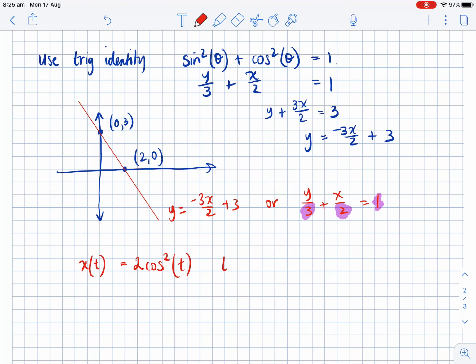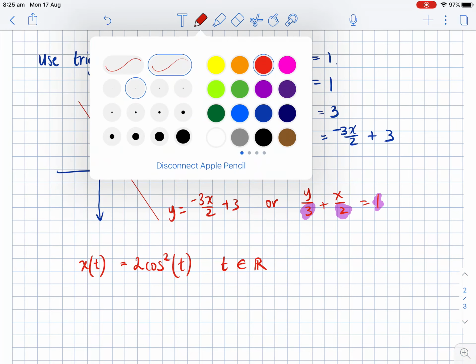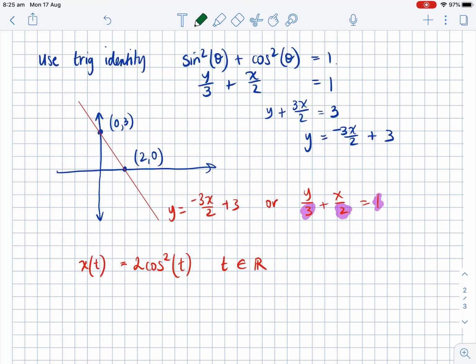And I know that t is an element of R. So the x values, don't forget, become the domain. So if we look at the same thing before, this becomes the domain. All of the outcomes to this expression for t, all elements of R, or the range of this expression, becomes the domain of the Cartesian equation.